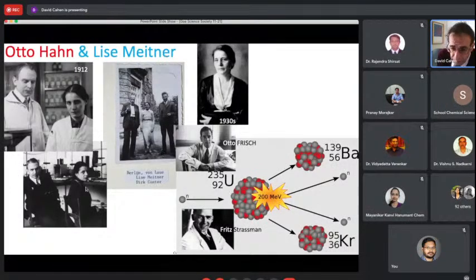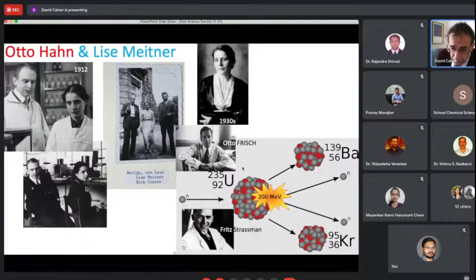So Fritz Strassmann with Otto Hahn did an experiment where they found, to their great surprise, that when they bombarded uranium with neutrons, they found barium.